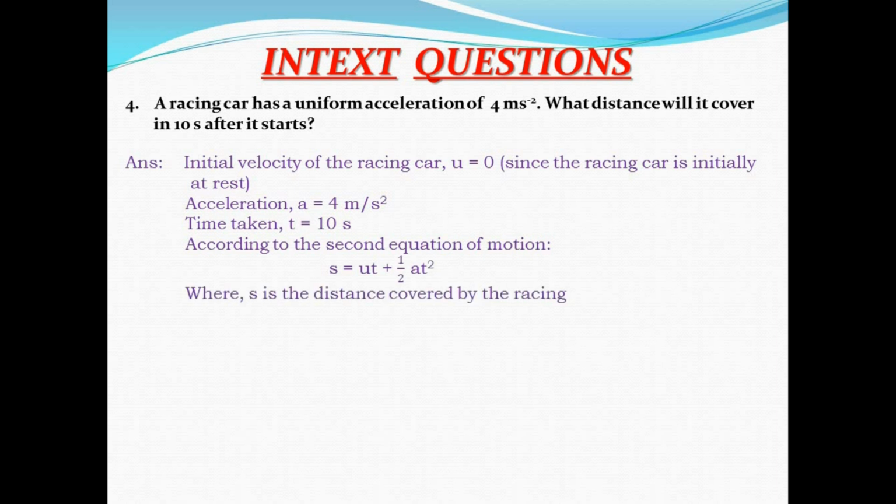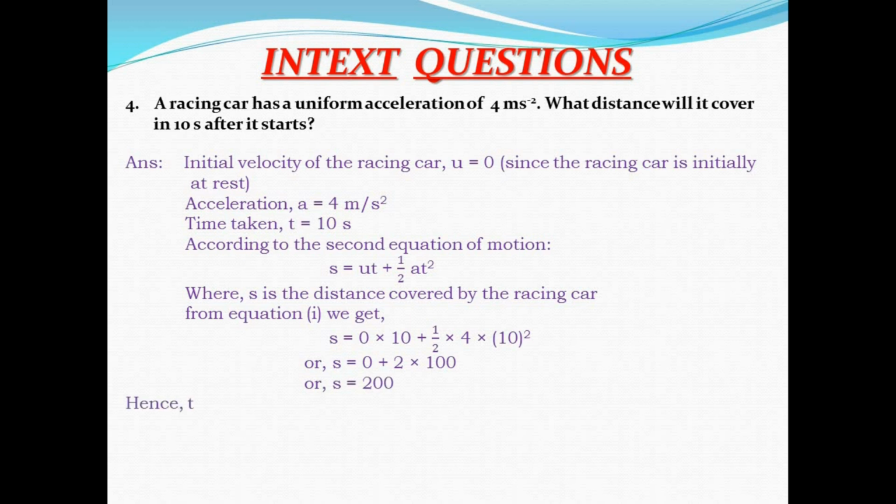Now according to the second equation of motion, s equals to ut plus half at square, we get s equals to 0 multiplied by 10 plus half multiplied by 4 multiplied by 10 square, that is s equals to 200 meter. Hence, the distance covered by the racing car after 10 seconds from when it starts is 200 meter.